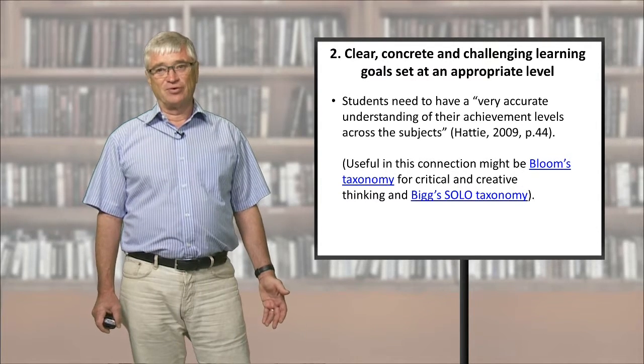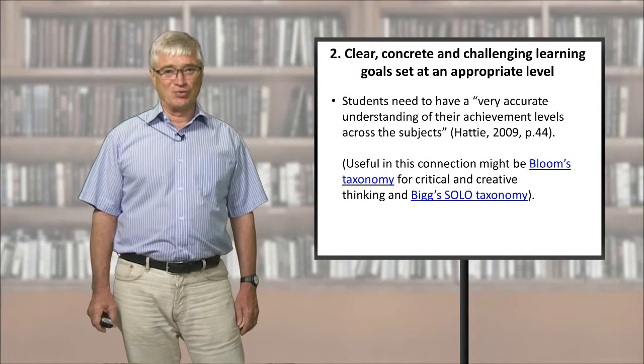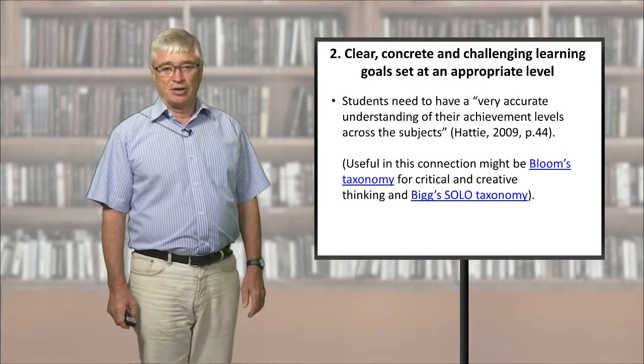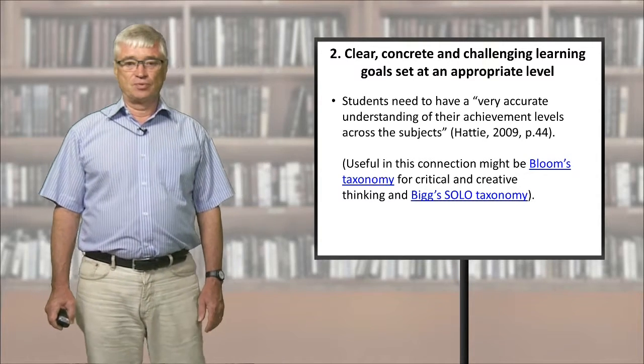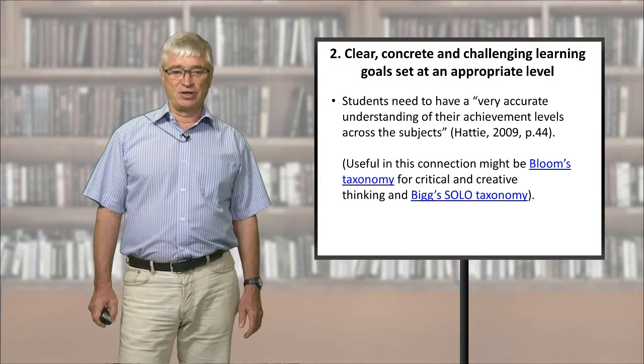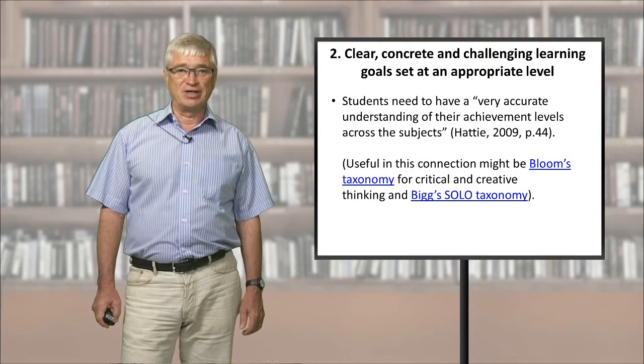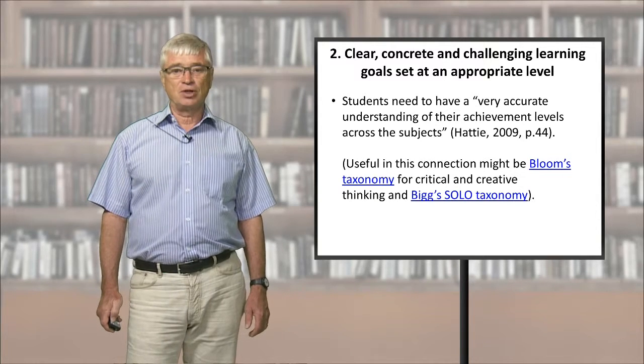Let us say, if you try to ride a bike, you know exactly when you know how to ride it. Useful in this connection is Bloom's taxonomy for critical and creative thinking. And Biggs' SOLO taxonomy. We'll come back to that in the next course.